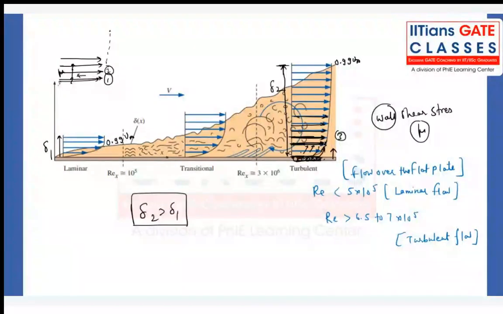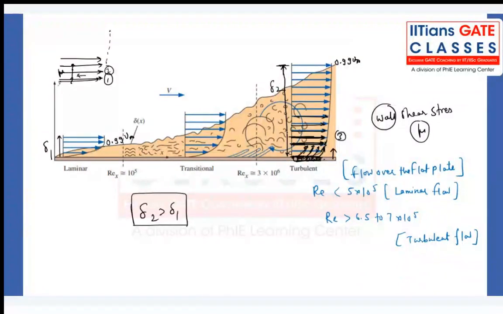This fluid particle will start exchanging the momentums. And while exchanging the momentum, you know that we have one more viscosity that is called eddy viscosity, or we also call it turbulent shear stress. That will also hamper the improvement in the y direction.